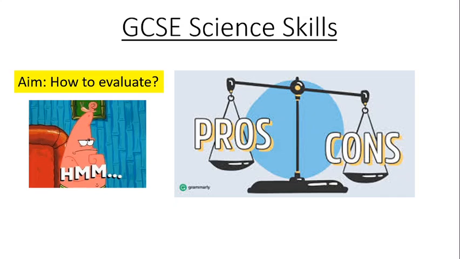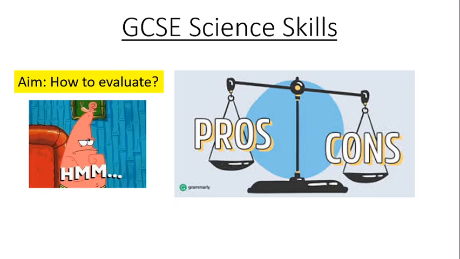The questions that always frustrate me the most are the evaluate questions, because it is very clear that students know their science, have revised really well, learned their stuff, but simply because they don't know exactly how to evaluate, they actually lose most of their marks.